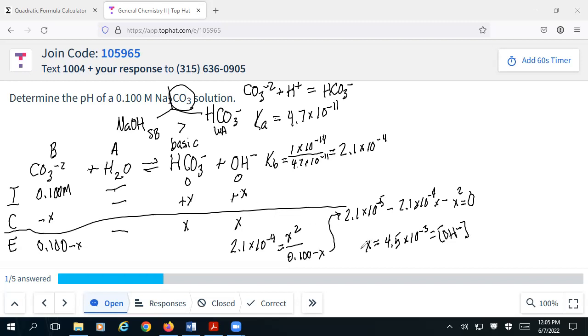Now, if we had done the 5% approximation, 2.1 times 10 to the negative fifth, square root of that, we would have got 4.6 times 10 to the negative third. So not that different. If you had used the 5% approximation, you'd come up with roughly the same answer.